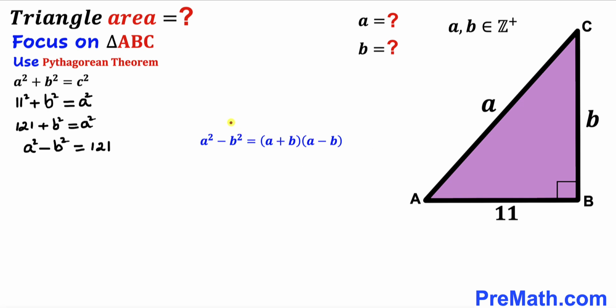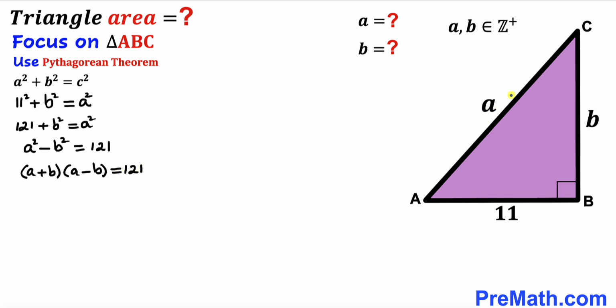Now let's recall this famous identity: a squared minus b squared can be written as the product of two factors, a plus b times a minus b. We apply this identity on the left hand side of this equation, so this can be written as a plus b times a minus b equals 121.